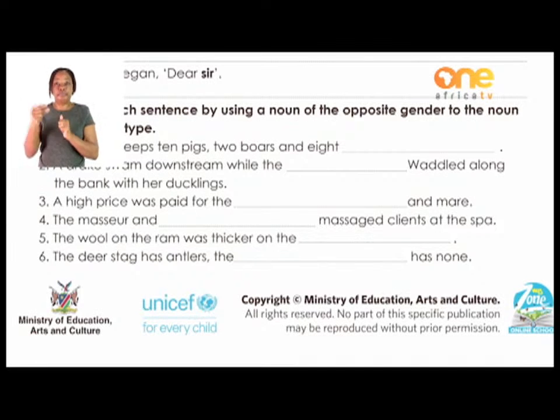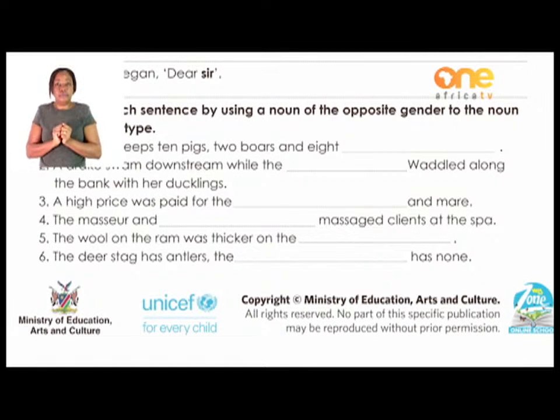So I just want you to change all the words which are in bold and change them to the opposite gender. You have to find out what type of gender is this which is given in the bold. If it is a female, you change it to the male, from masculine to feminine. If it is in feminine, you change it to masculine.